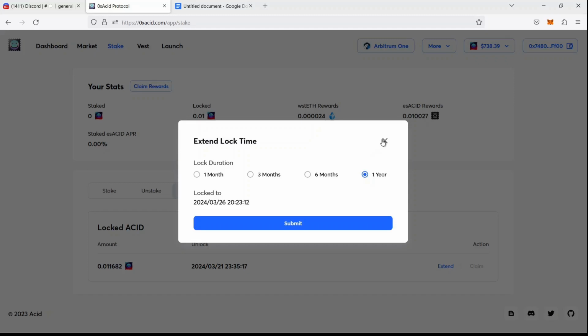And the other thing that you have to keep in mind is that if you have your tokens locked for 6 months, you are not able to reduce your position and lock for less. But you can always increase the duration of your lock until you reach 1 year.